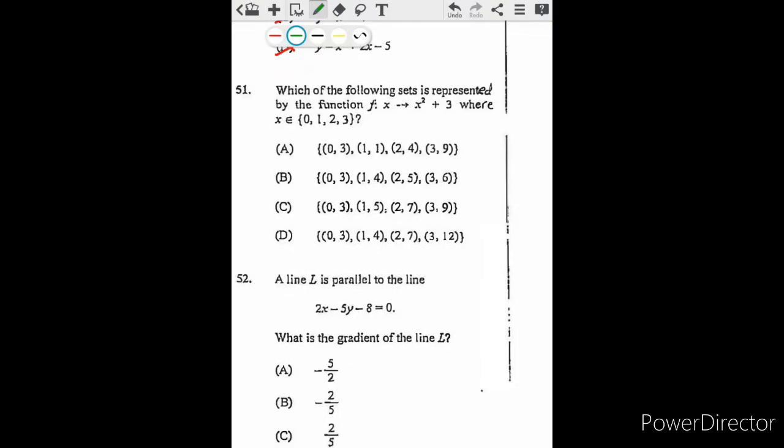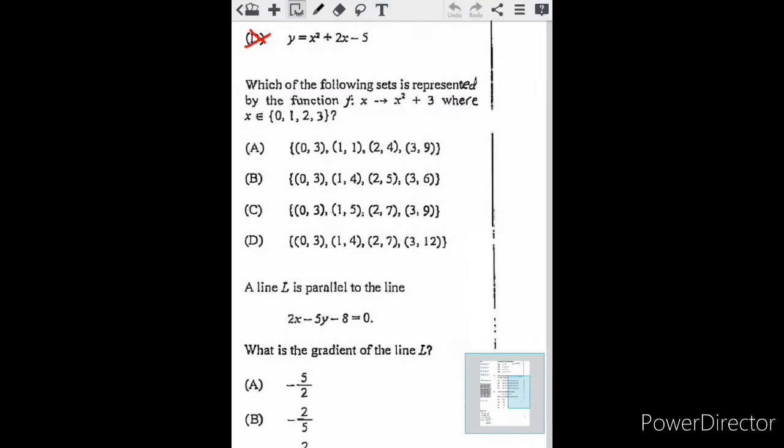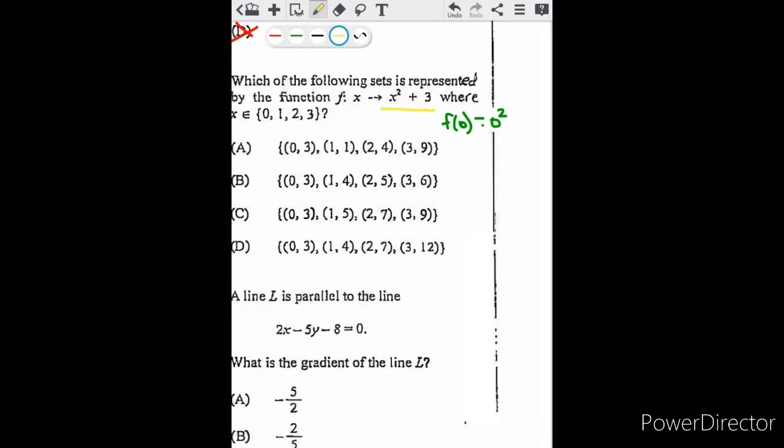By looking at it, I would be able to say that the answer would be D, because looking at the last number, 3 squared plus 3, that's 9 plus 3, 12, so 3 and 12. Anyways, let's work it out. So when x is equal to 0, we have f of 0 is equal to 0 squared plus 3.